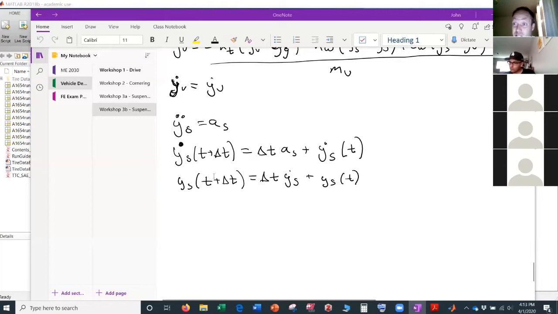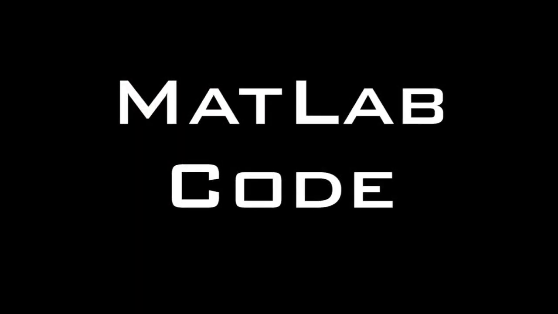Basically, we do really tiny steps, and we step forward in time: if we know the acceleration, we can find the velocities, and if we know the velocities, we can find the positions. So that's the way we solve these equations, and all of these things get fed back into the accelerations.